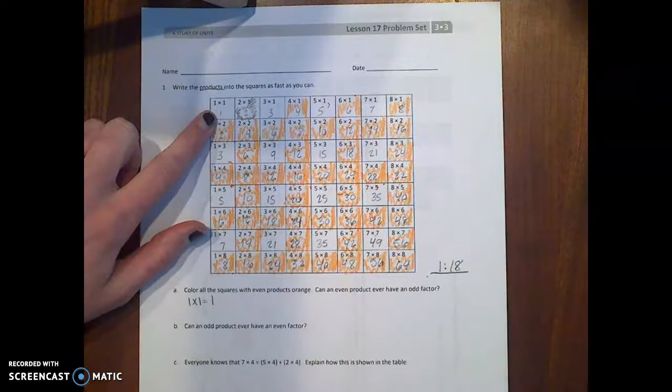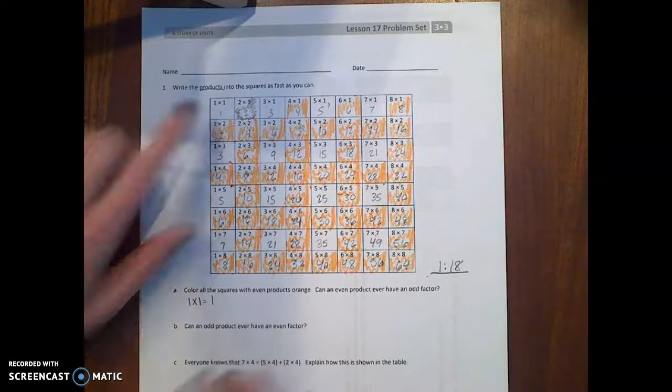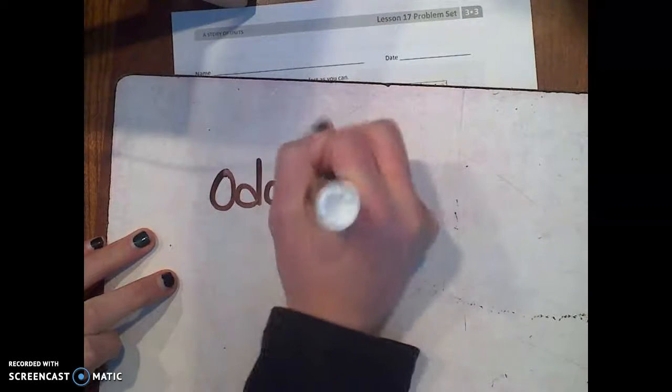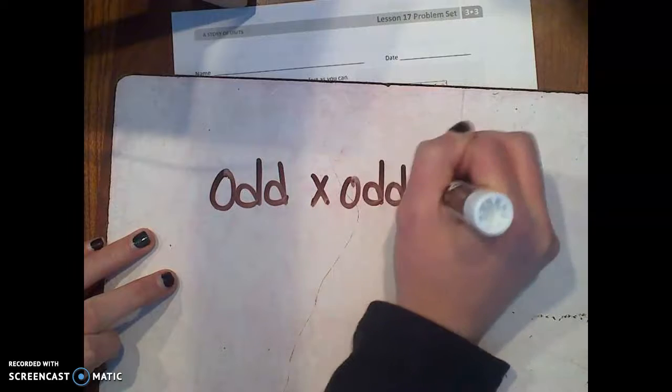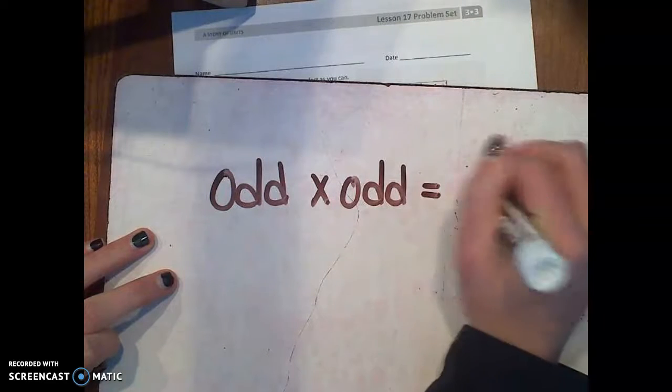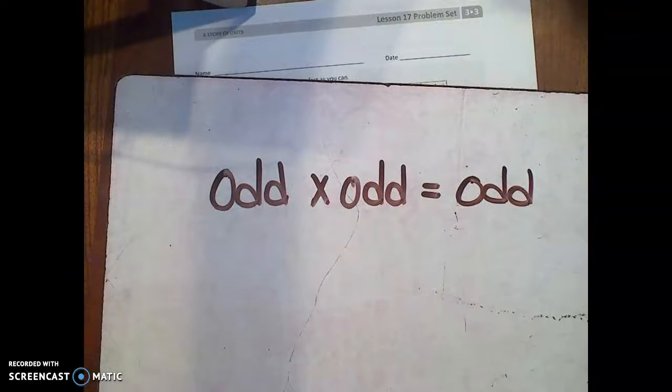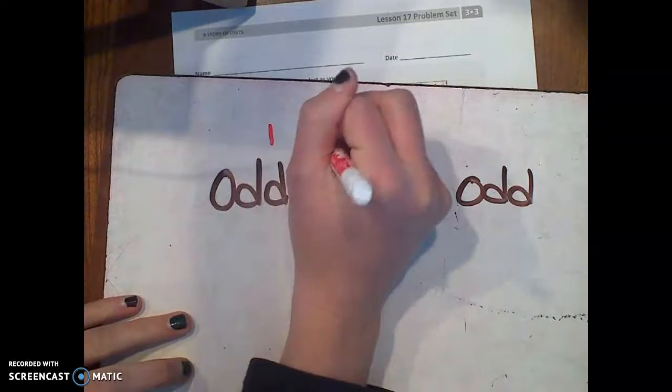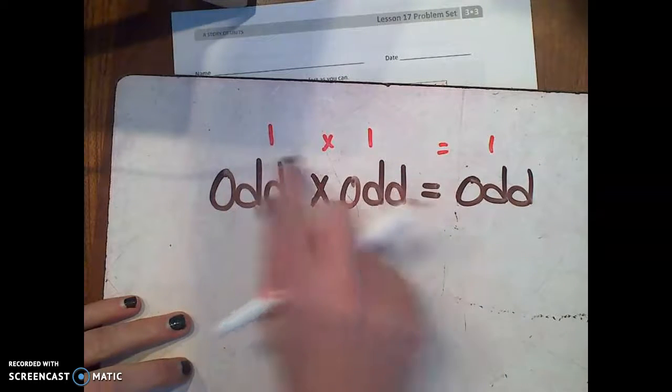And we know that 1 and 1 are both odd. So I'm going to make a little note of that on my whiteboard here. I'm going to say, odd times odd equals odd. An example of this, just like I showed you on my paper, 1 times 1 equals 1. 1 is odd, 1 is odd, 1 is odd.